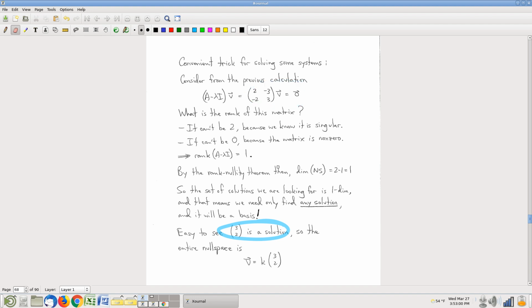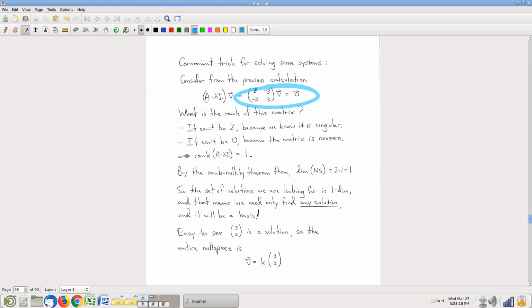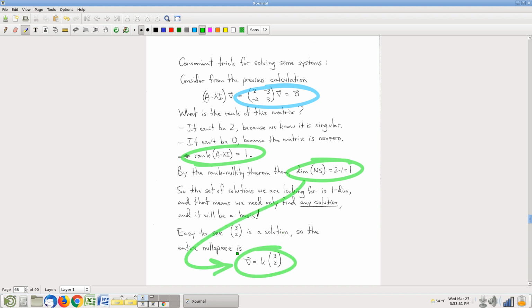Now, you will notice that there is an entire page of discussion here. Most of this discussion is to help y'all with your first time through this argument. I don't expect you to write anything resembling this much on an exam if you make this argument. On an exam, if you want to apply this method, all you have to write down, as far as I'm concerned, is rank equals 1, dimension of the null space is 2 minus 1, therefore solution.